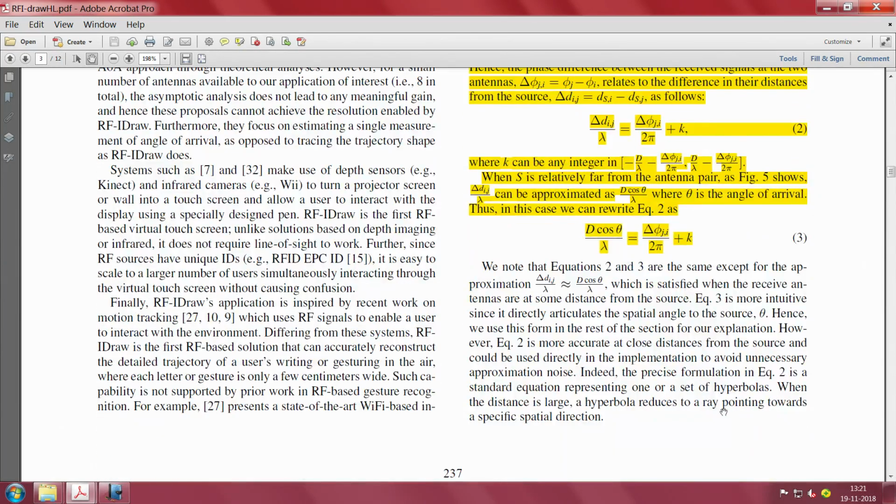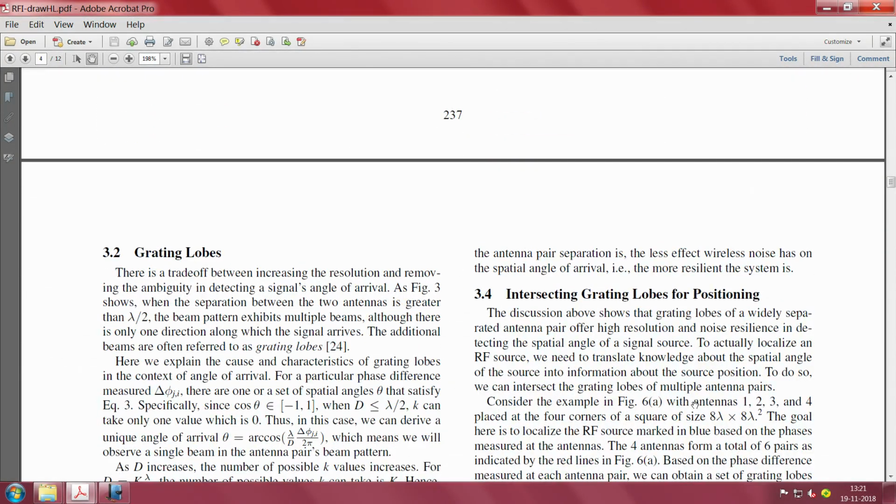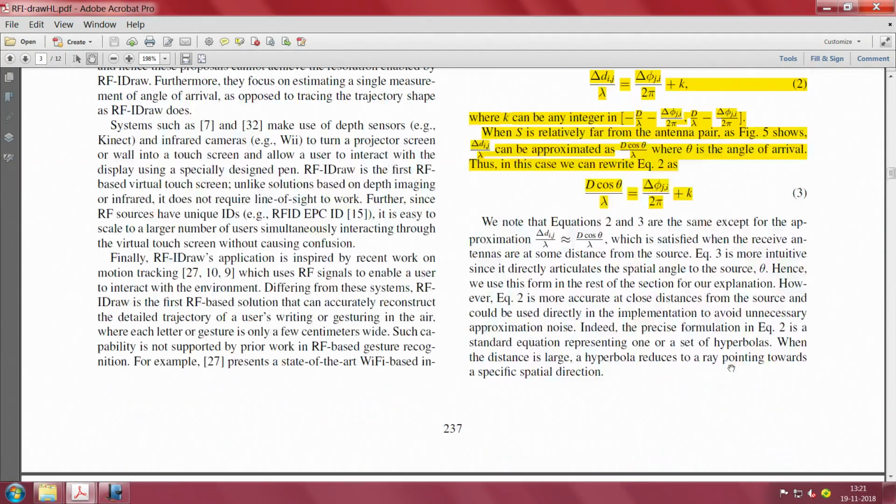So, this is what the paper is looking at. We would use this phase difference, convert it to path difference, construct what are known as multiple hyperbolas, and look at the intersection of these hyperbolas to determine the exact position of the tag.